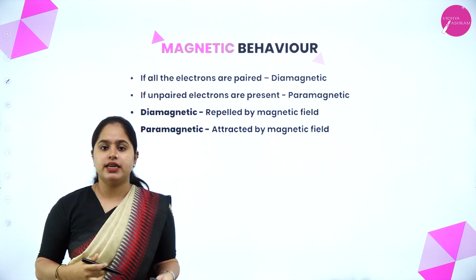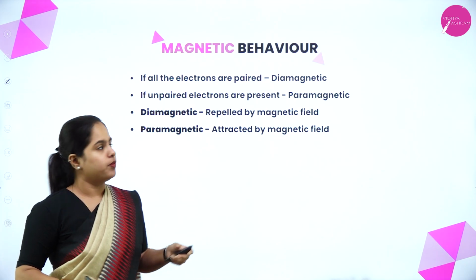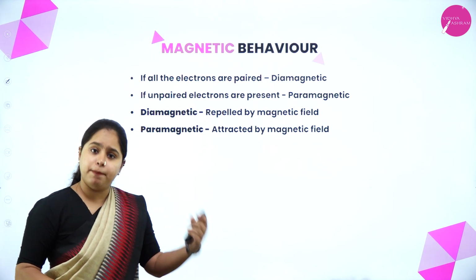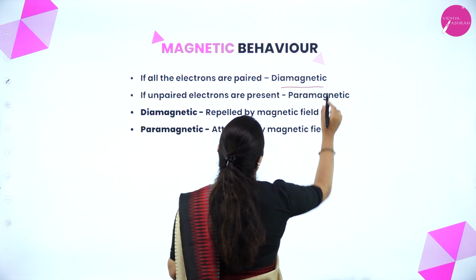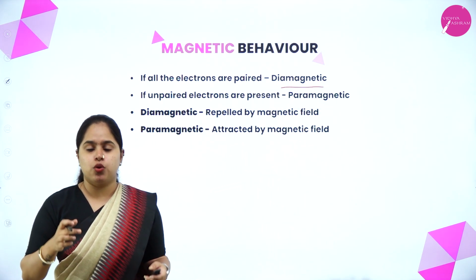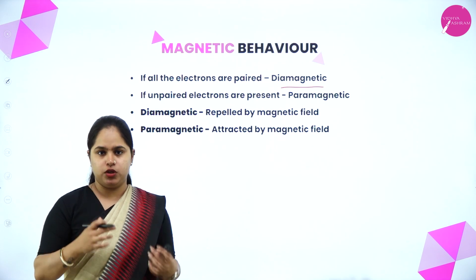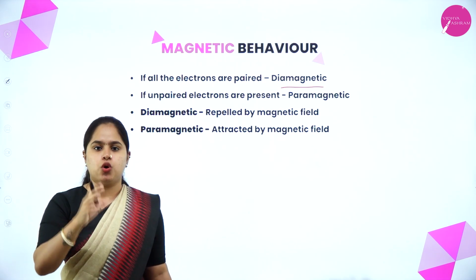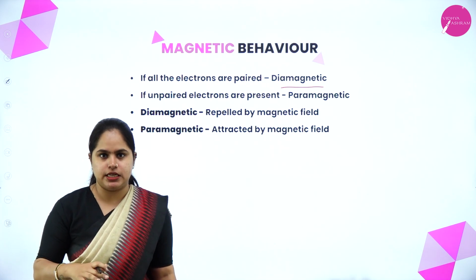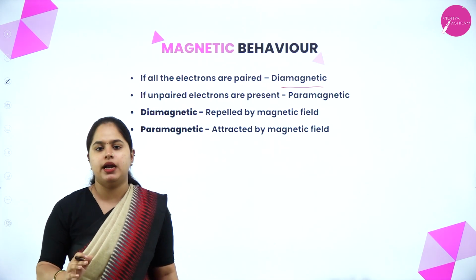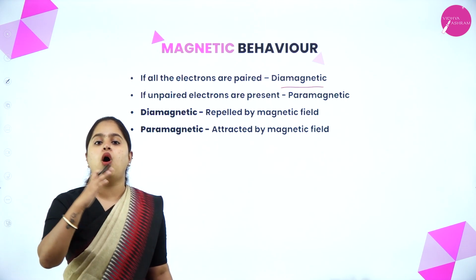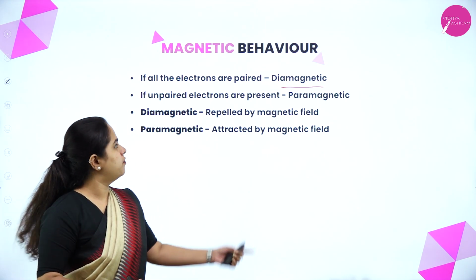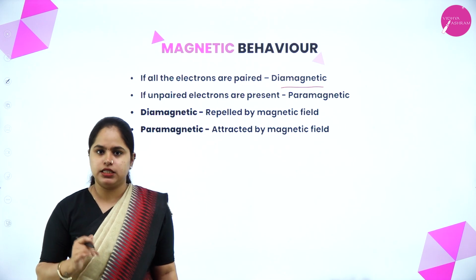So now moving on to the next one, that is magnetic behavior. If all the electrons are paired, then we say that the molecule is diamagnetic. We know that only 2 electrons can be accommodated in a single orbital. So if both the electrons are present in it, that is, if the electrons are paired, and in the whole molecule all the electrons are paired, then we can say that it is a diamagnetic molecule.